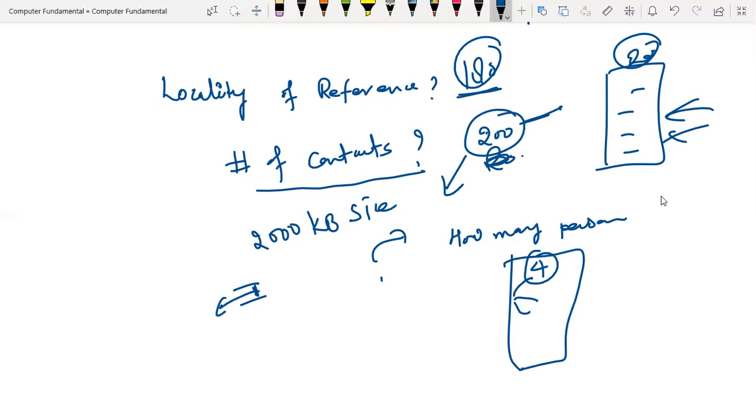It might be at any point, but it's not all. Locality of reference says that if you access this point here, maybe you access the nearest point again. That is the meaning of locality of reference. Getting the idea or not?